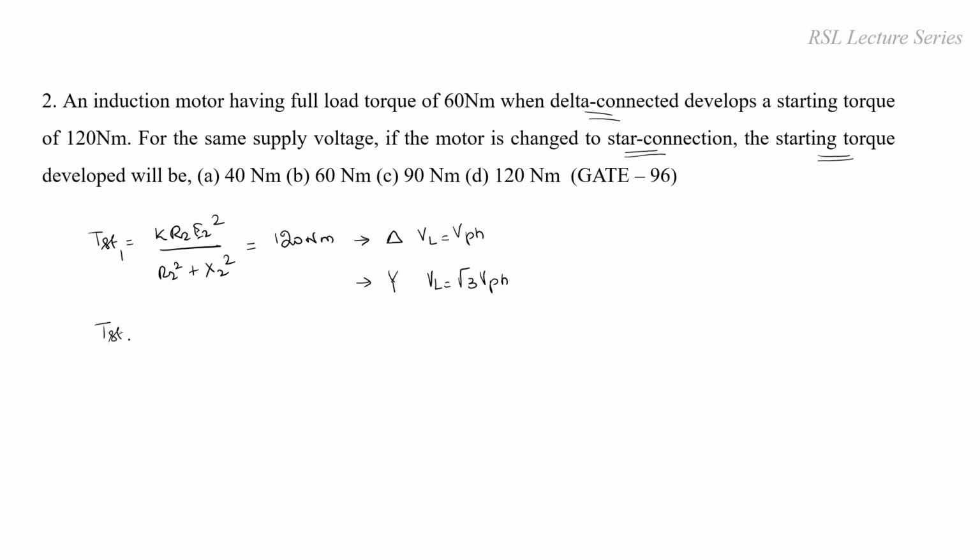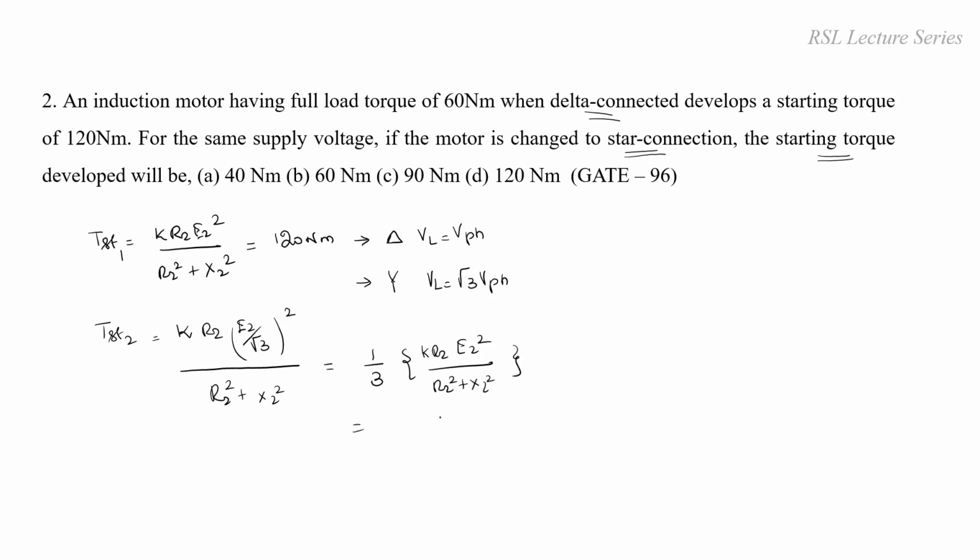In the second case, when the winding is changed to star connection, this can be written as K into R2 into (E2 divided by root 3) whole square, divided by R2 square plus X2 square. On rearranging, we get 1 by 3 into K into R2 into E2 square divided by R2 square plus X2 square.